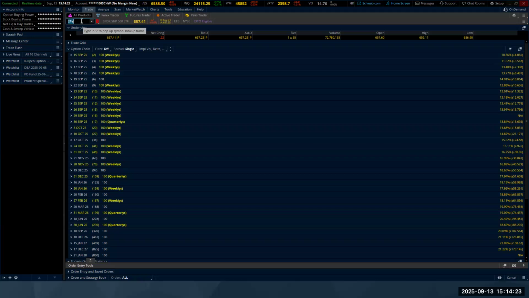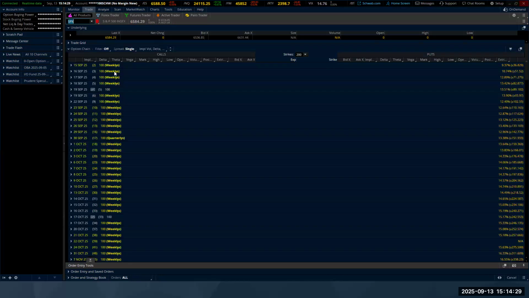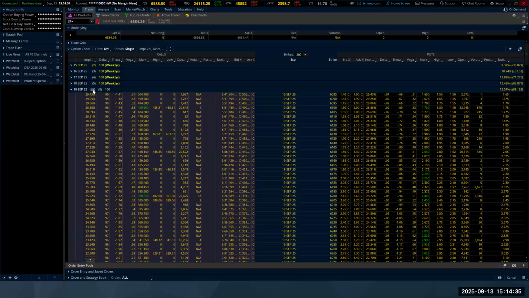If I switch over to the SPX and take a look at that, you can see now on the 19th, we have an AM settlement, which means that as of Thursday evening, you won't be able to trade these anymore. Come Friday morning at the open, there's a settlement price.